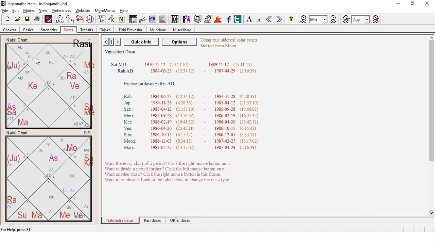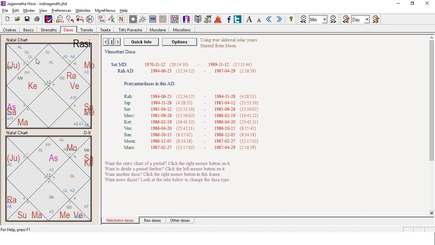Now there is an exchange between the 3rd Lord and the 10th Lord. Indira Gandhi's chart actually has 3 exchange yogas, which is very rare and makes her chart very unique and very powerful. So what does the exchange between the 3rd and 10th house indicate? The 3rd house is about your courage and power, and the 10th house is about your career, position, awards and recognition.